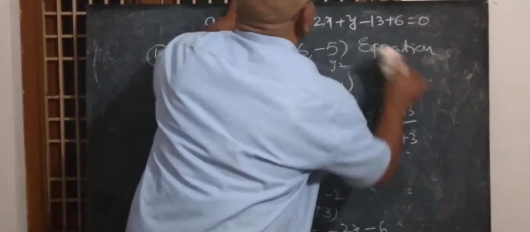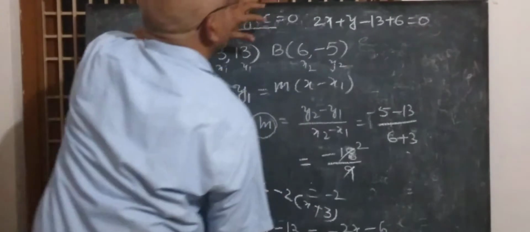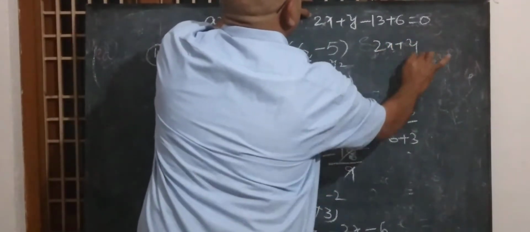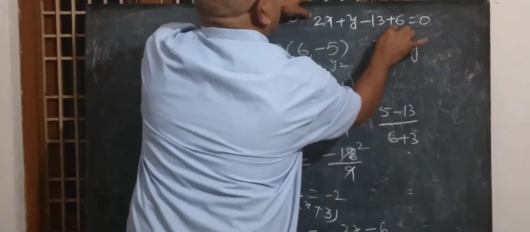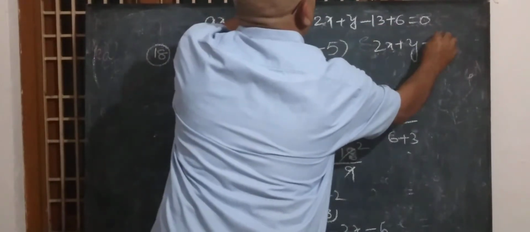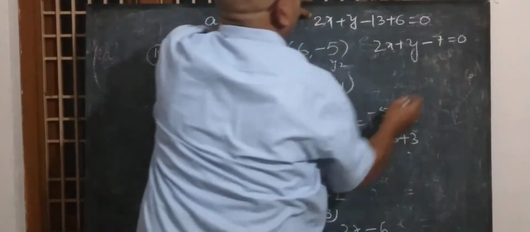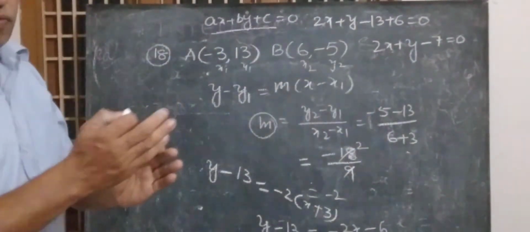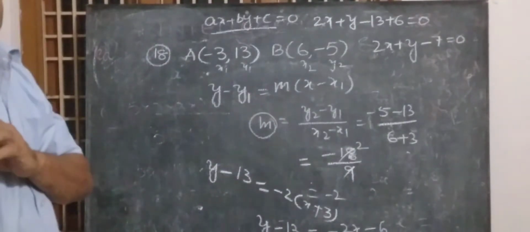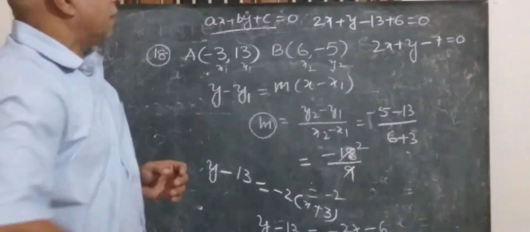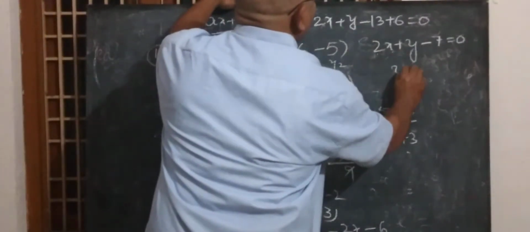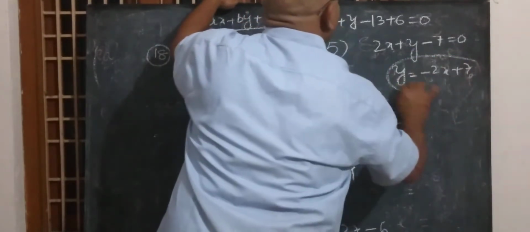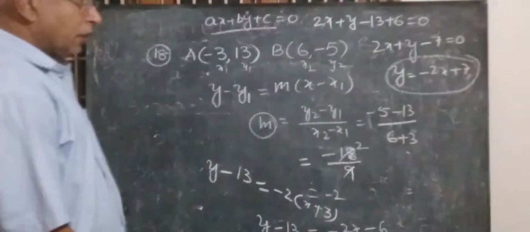Now we simplify this: 2x plus y minus 13 plus 6, minus 7, is equal to 0. So the equation of a line with y on the left should be y is equal to minus 2x plus 7. This is the answer, the equation of a line.